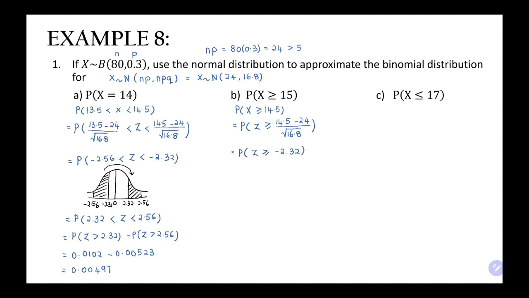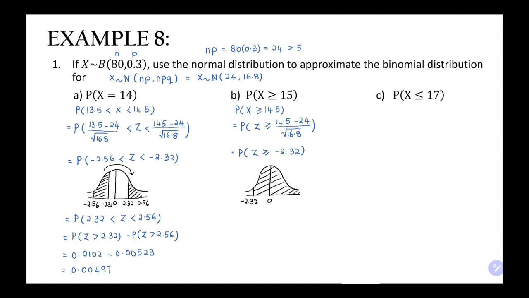We need to change first, become positive. So we sketch the normal curve. We have negative 2.32. This one is negative 2.32. And Z greater than, so to the right side. So area kita sebelah kanan, semua ni.